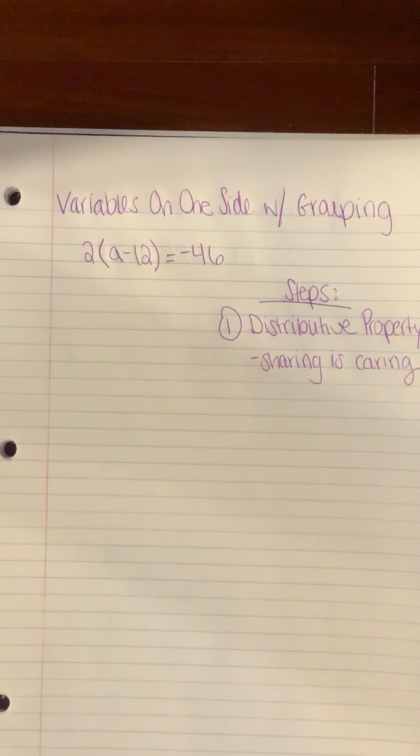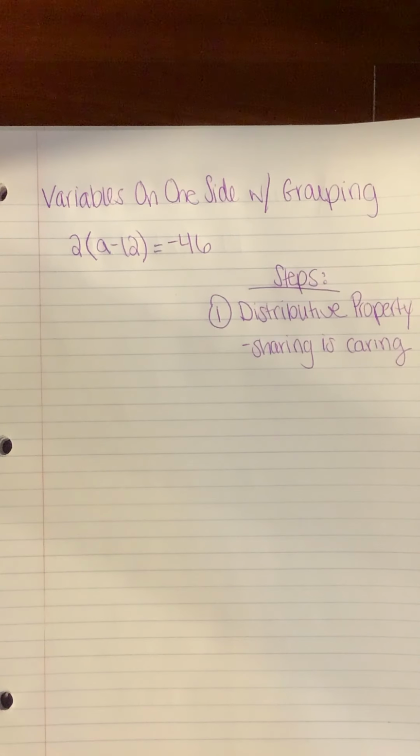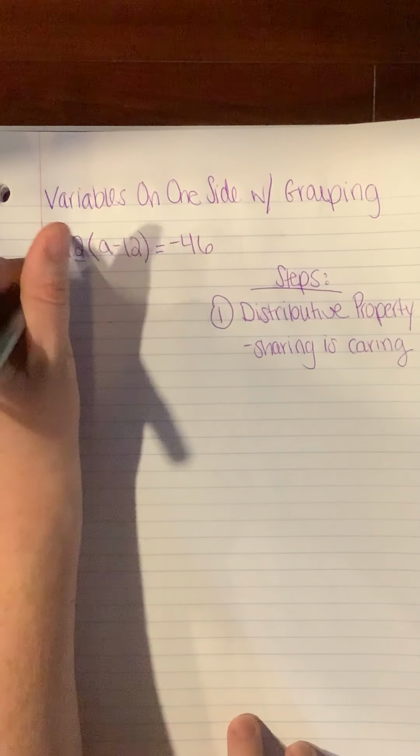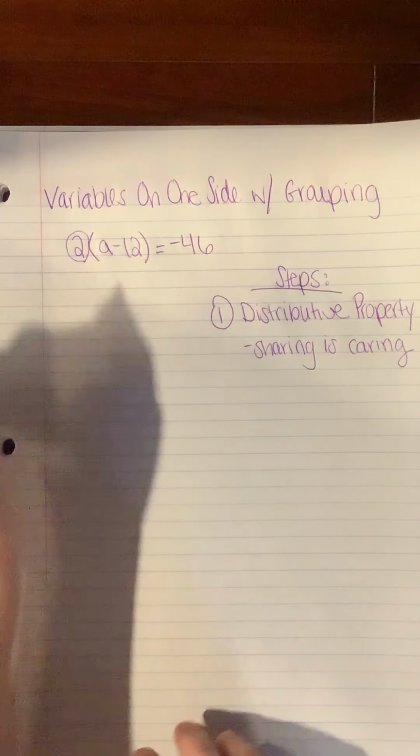Could you just give your treats to your besties in the class, or did you have to give them to everybody? Chances are most schools have said you have to give your treats to everyone in the class. Well, how does that play out with your distributive property? Your 2 has to distribute to everybody in the parentheses.